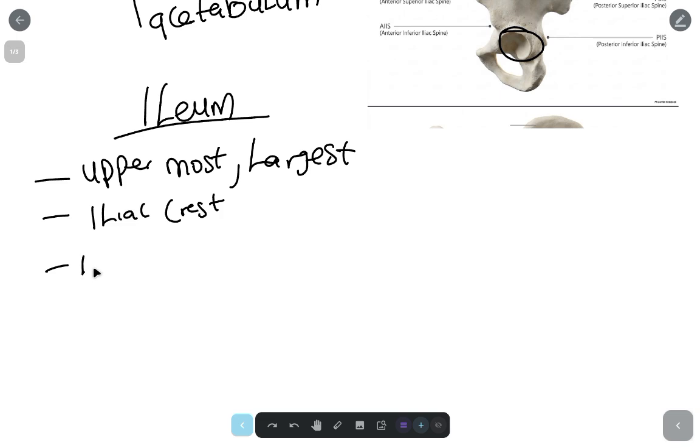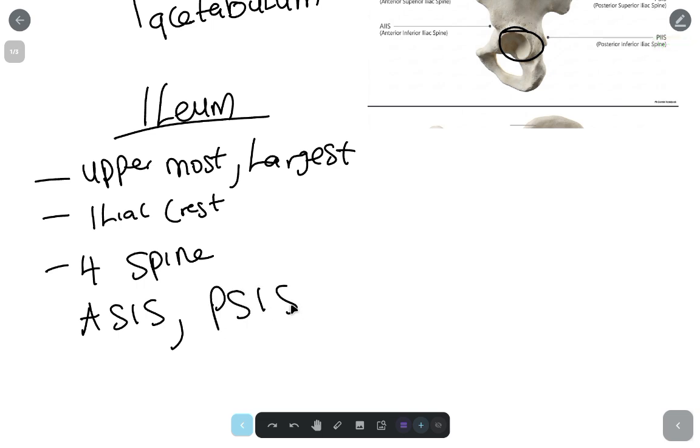The first spine you have is the anterior superior iliac spine. The second spine you have is the posterior superior iliac spine.